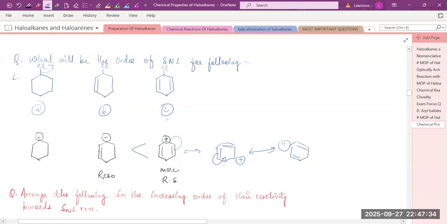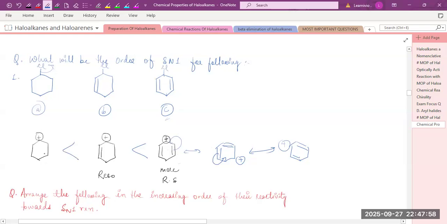Because here again pi electrons are present, which will delocalize. So again, due to the delocalization of charge, due to the resonance, the carbocation will be stabilized. So after this C molecule, this one is more reactive towards the SN1 after this one.